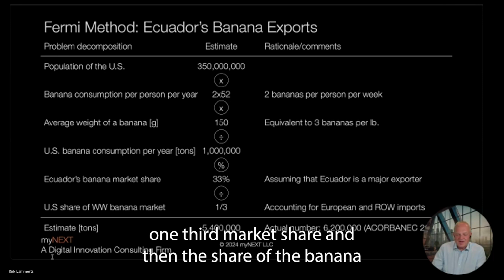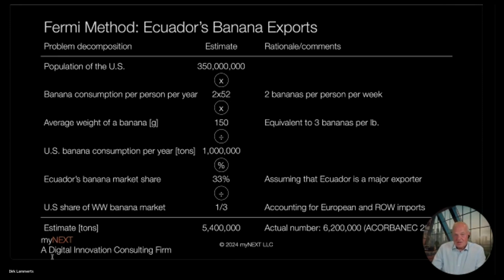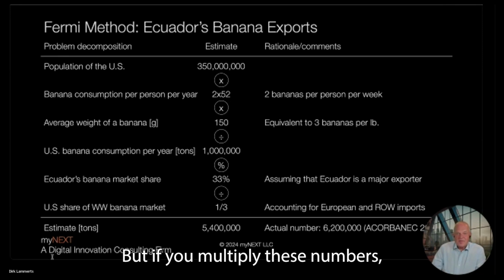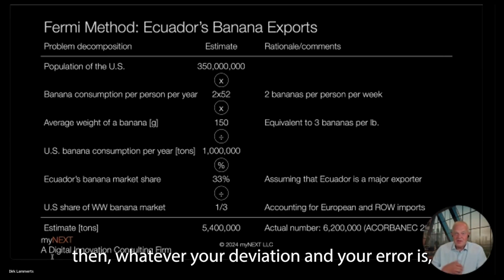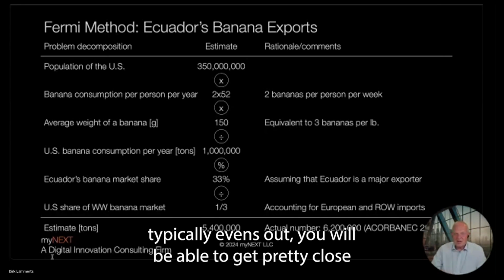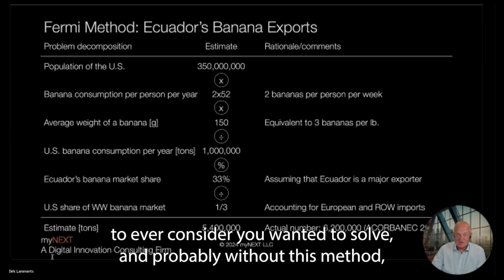And then the share of the banana market, well, maybe it's not 1/3, maybe it's 1/4. But if you multiply these numbers, and especially if you pick a low estimate for one and a higher estimate for another, then whatever your deviation and your error is typically evens out. You will be able to get pretty close to what the actual number is for a problem that I assume you had no reason to ever consider you wanted to solve.